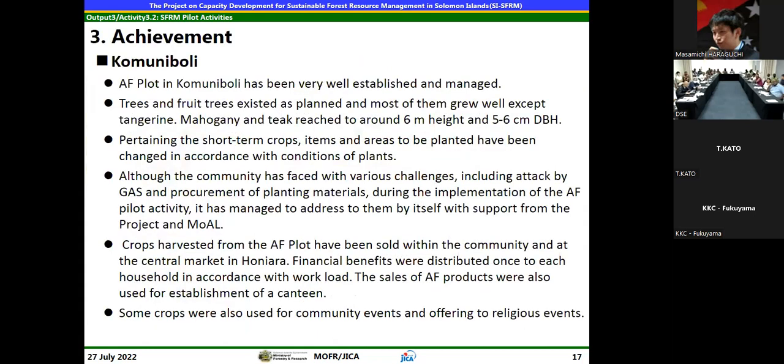For the achievements of the Boli community, they have been established very well. Fruit trees exist and were planted.